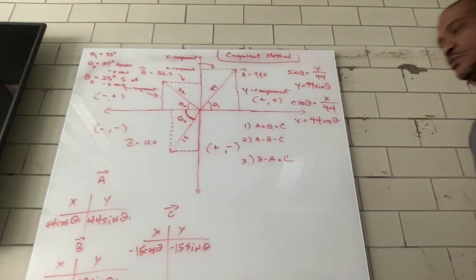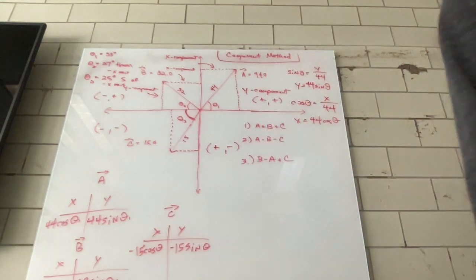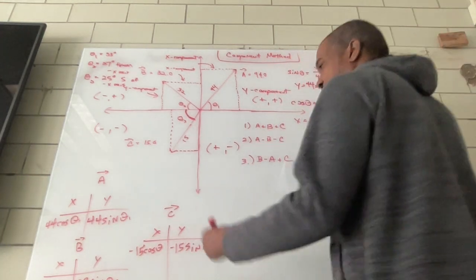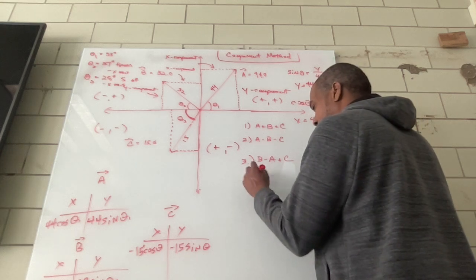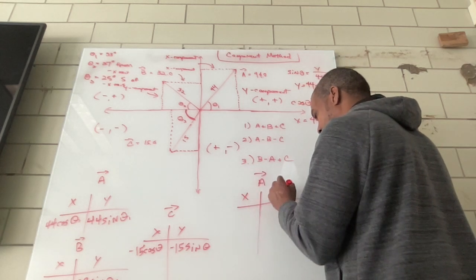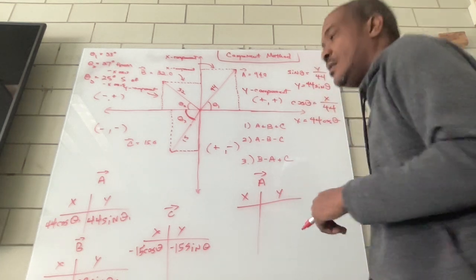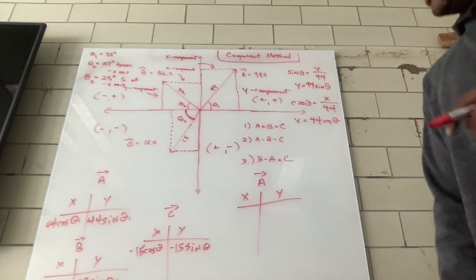So now all I gotta do is do what? Plug in the thetas. And I should have all my components. So what are they? A, X, Y, what are they? 44 cosine of 33, 44 sine of 33.